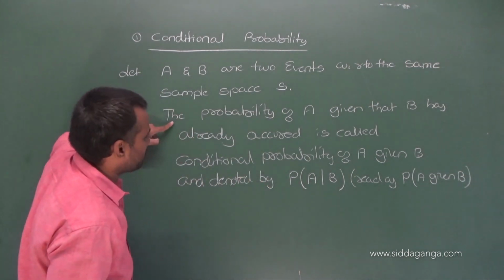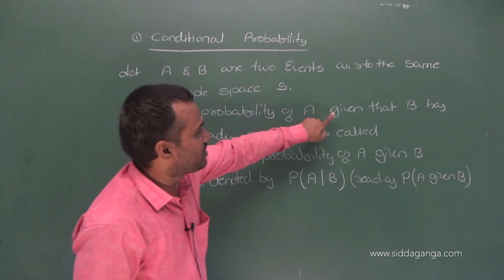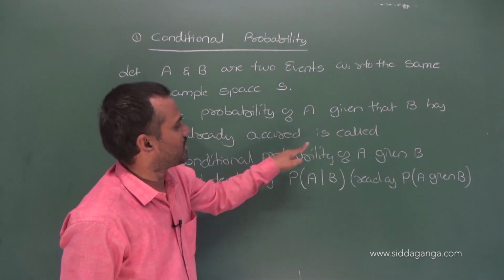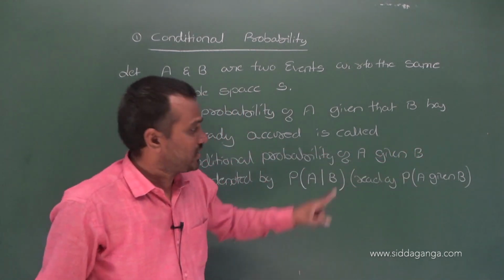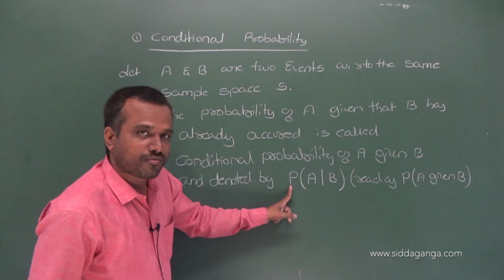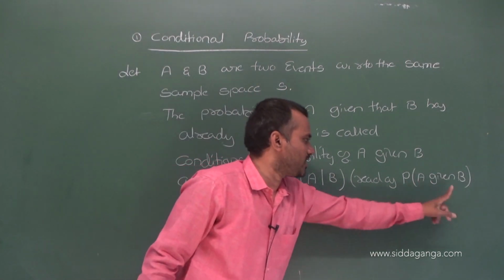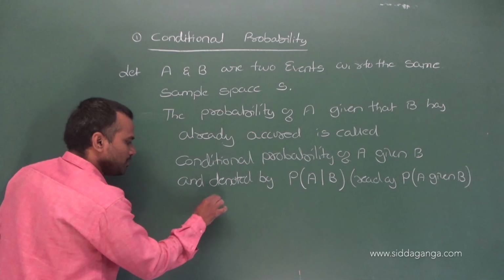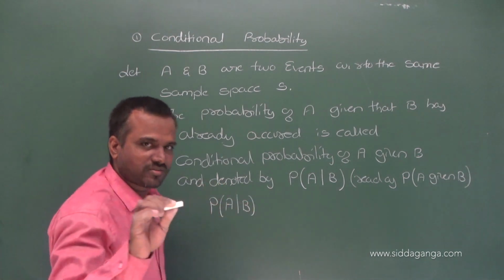The probability of A given that B has already occurred is called the conditional probability of A given B, denoted by P of A bar B, read as P of A given B. Now I write the definition.